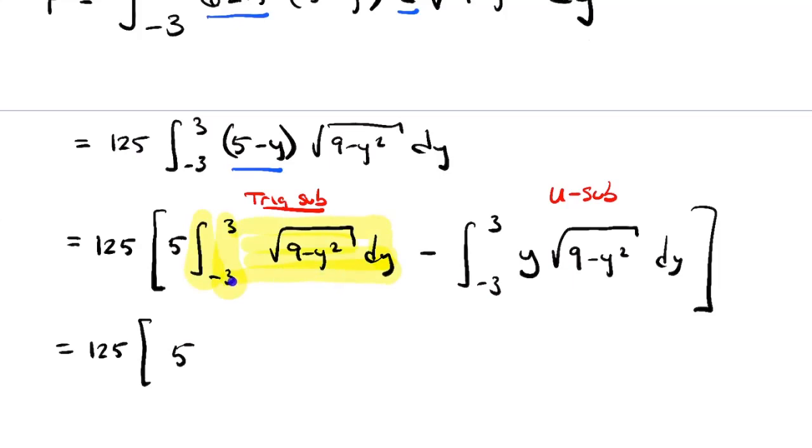And if you're integrating that from -3 to 3, you're just taking the area of that semicircle. So this integral, not including the 5, is the area of a semicircle, half a circle, with radius equal to 3.